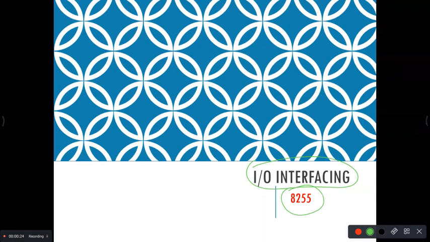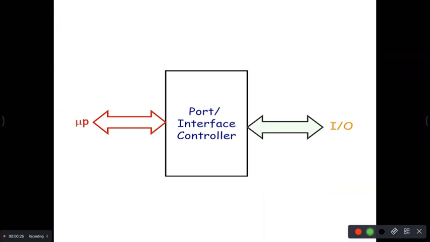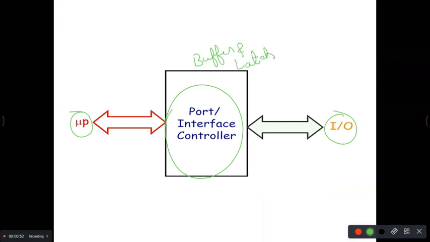Hope you remember in my previous class, I told you that between the microprocessor and IO devices, you have an interface which will behave like a buffer and a latch.